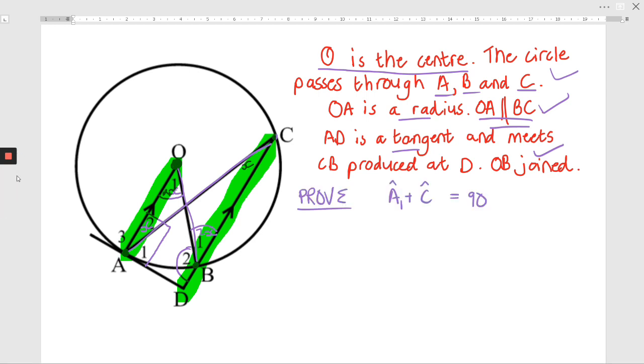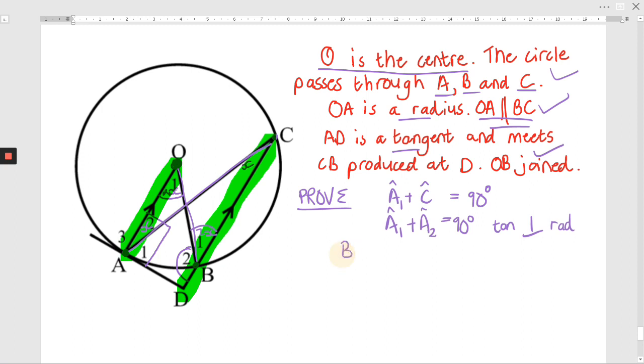First up, I've got to prove that A1 plus C is 90. Where's 90 going to come from? The only thing I can see with a 90 is that A1 plus A2 is 90. But hang on, A2 equals C. So we're sorted. I'm going to start by saying A1 plus A2 equals 90, and my reason is tan rad.